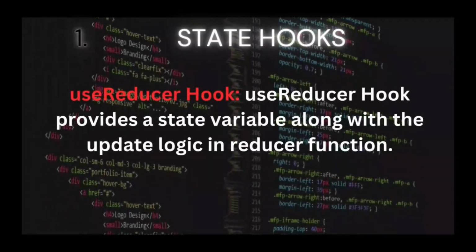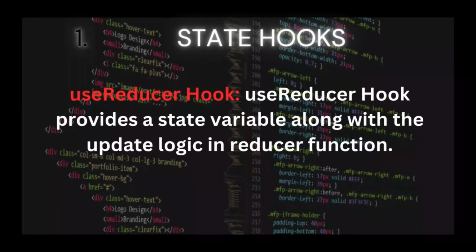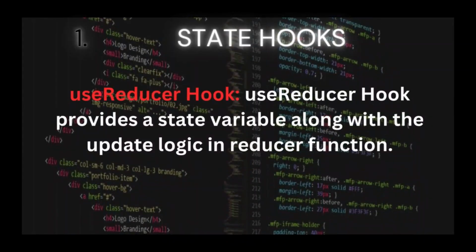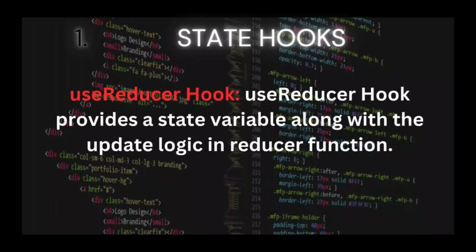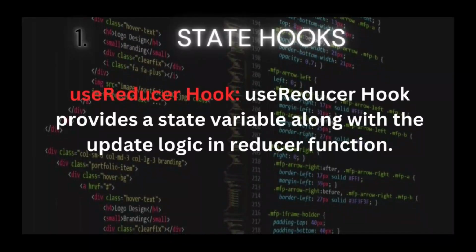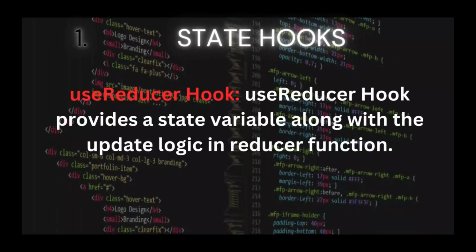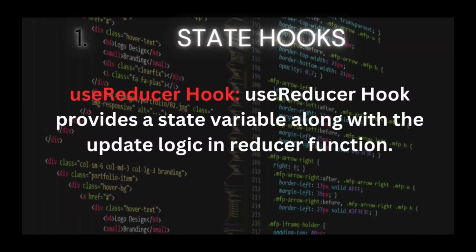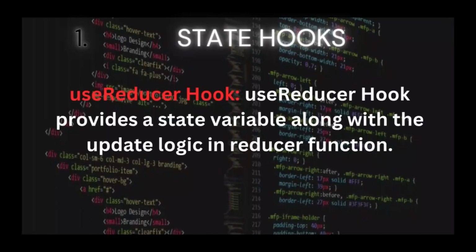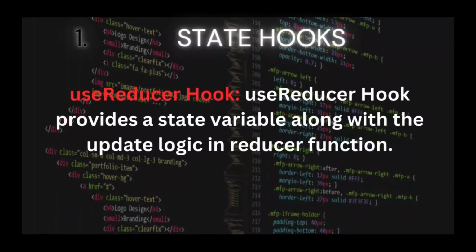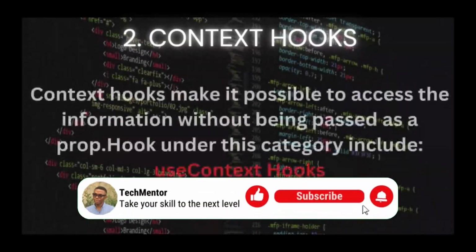Then the useReducer hook provides a state variable along with the update logic in a reducer function. We're going to look at that in the next lesson. These hooks fall under the category called state hooks because they have to do with managing, storing, and providing access to information within our React component.